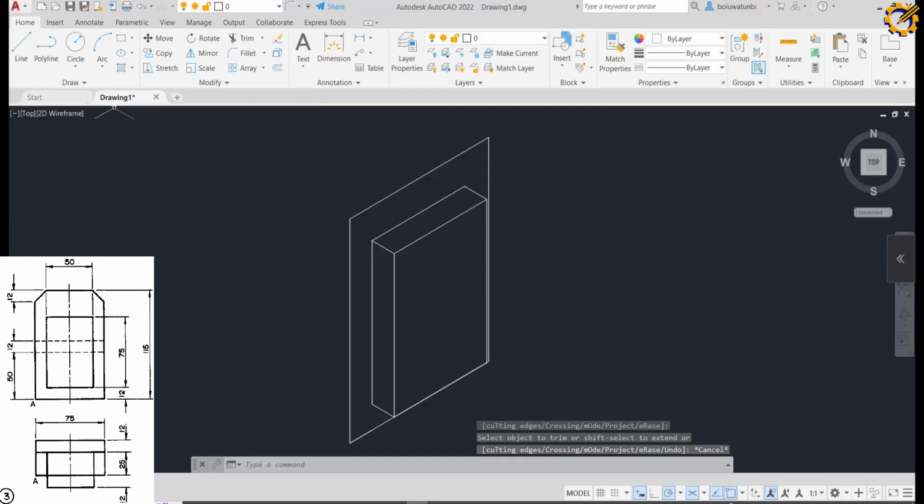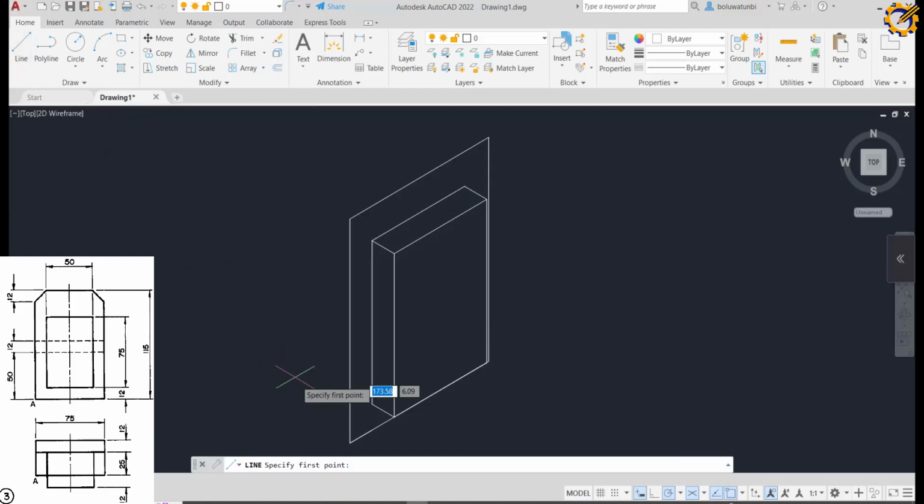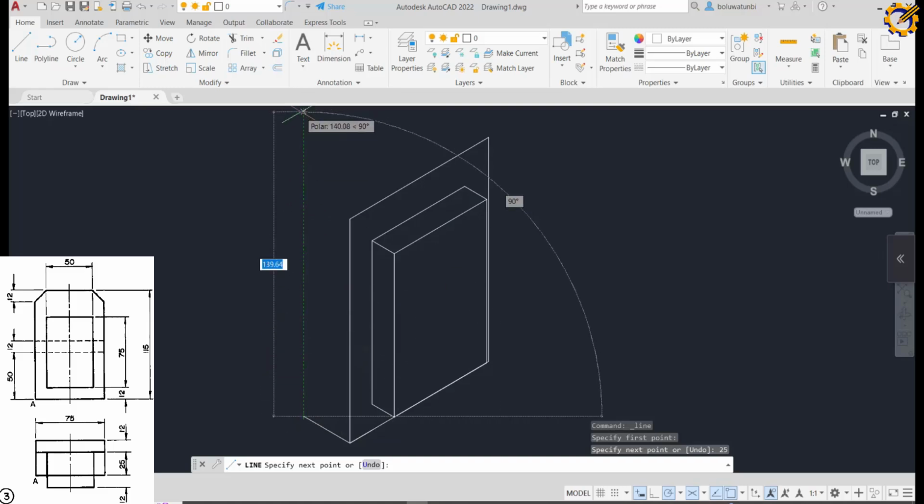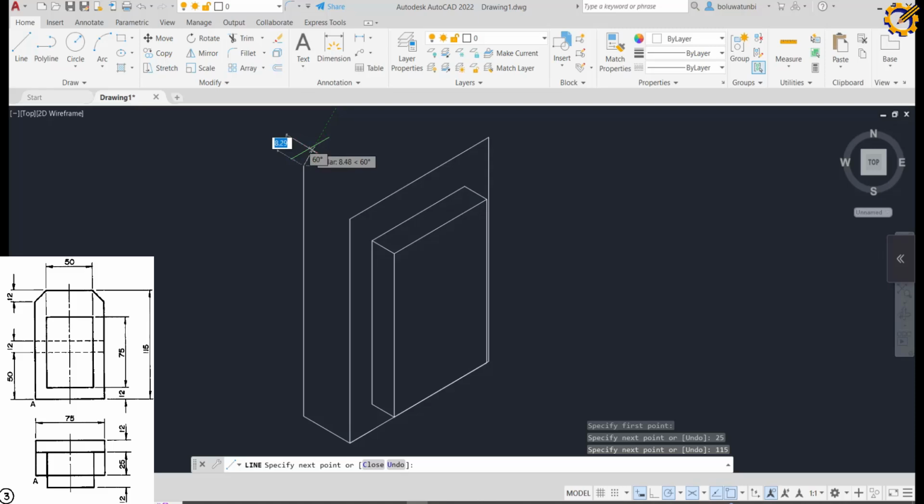So towards the back here, from a mark of 25, enter. Mark of 5, enter. 25, enter.